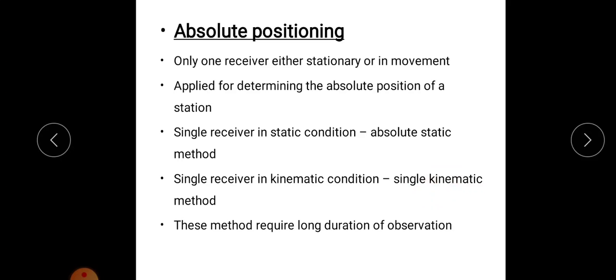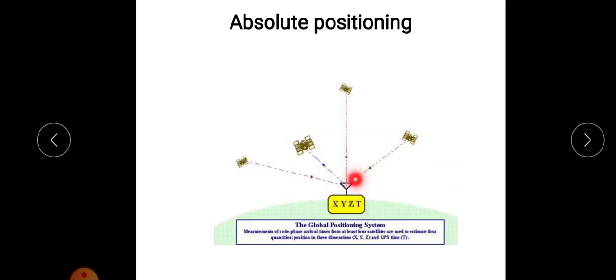These methods require a long duration of observation, so we have to keep the GPS equipment in place for a long time period to find the location characteristics of that point. The location of this point is determined using a minimum of 4 satellites.